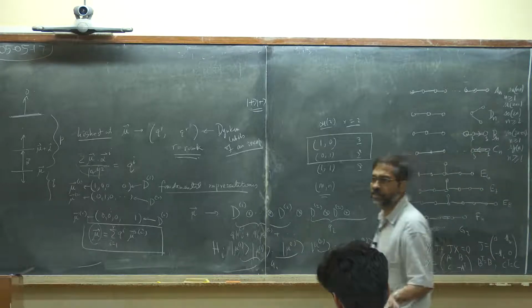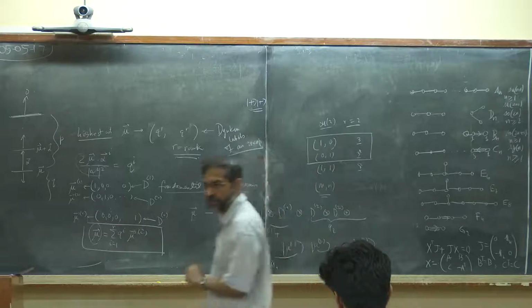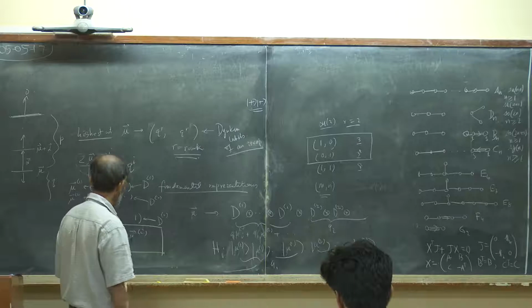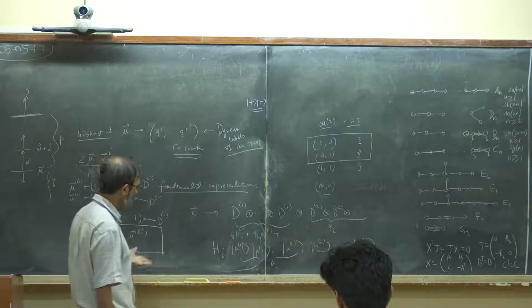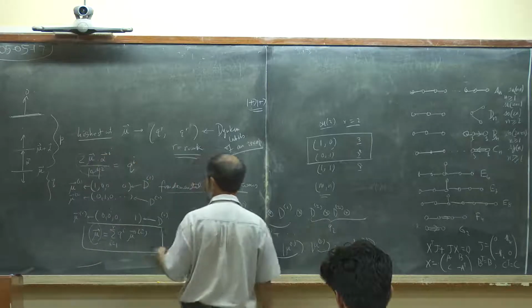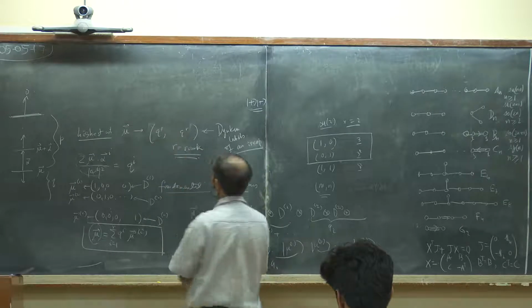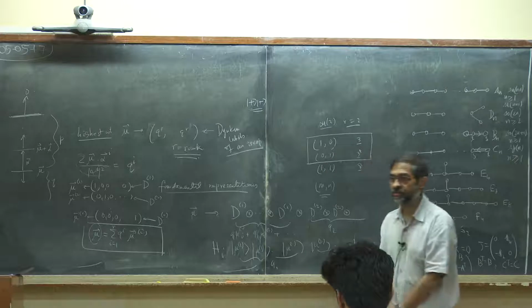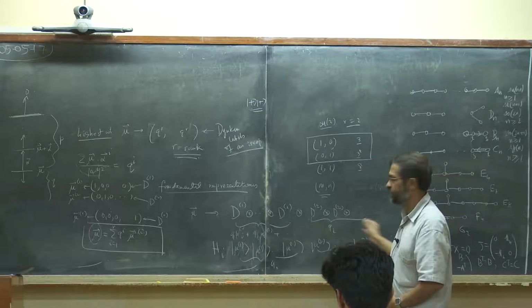This is a unique characterization of irreducible representations. And I also told you how these representations like q1, q2, qr can be obtained. It can be obtained by tensor product of such things.